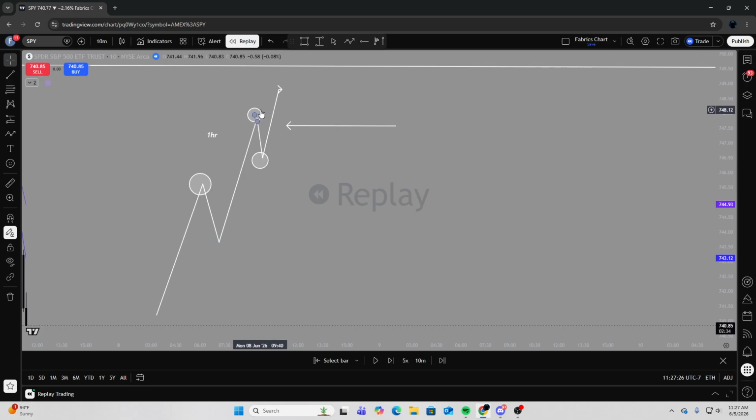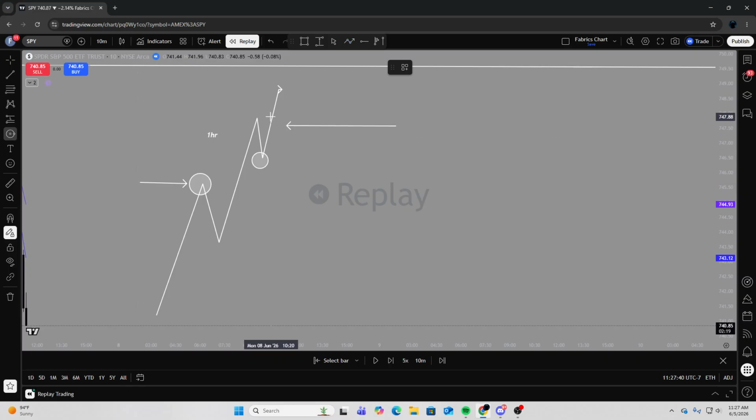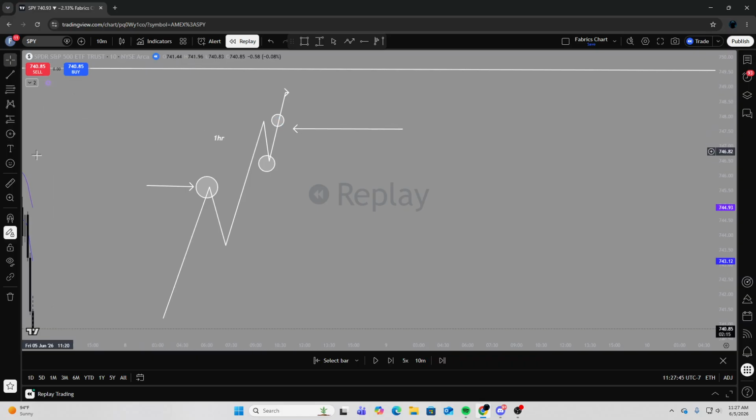I'm going to get rid of this, because these are the same: the high, then the low, and then the continuation. We'll put that here. So right here, this is the 1 hour, but when you see these, it's a bunch of 5 minute candles.